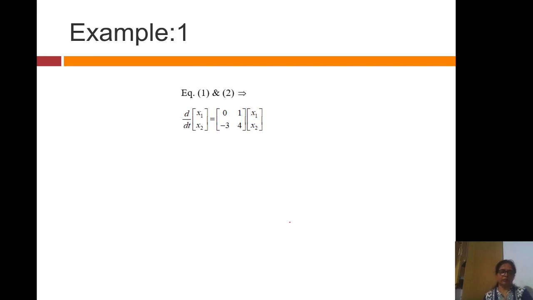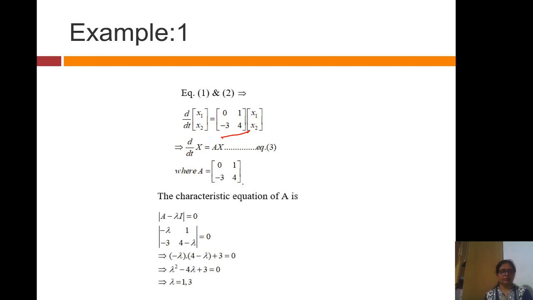Then by using equations 1 and 2, we write this in the form dx by dt equal to A into x, where A is this matrix. Then we find the eigenvalues of this matrix. For this, we consider the characteristic equation, determinant of A minus lambda I equal to 0.